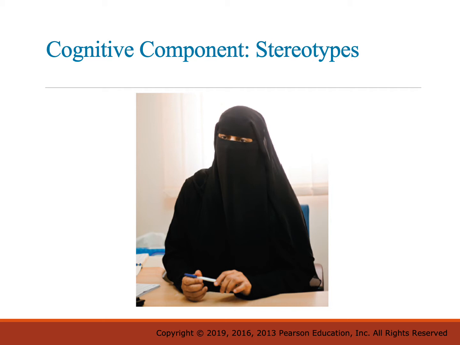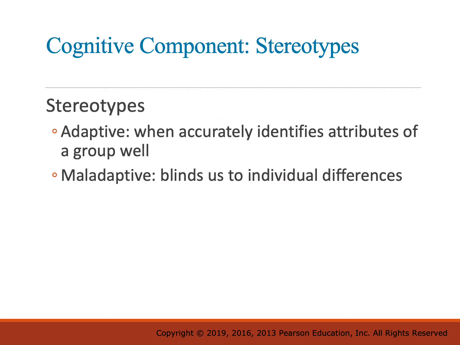She's a marriage counselor and a sexual activist and the author of a best-selling Arabic sex manual, right? So stereotypes lots of times get us into trouble, right? Stereotypes are only adaptive when they accurately identify attributes of a group well, right? But they're often maladaptive because they blind us to individual differences, right?